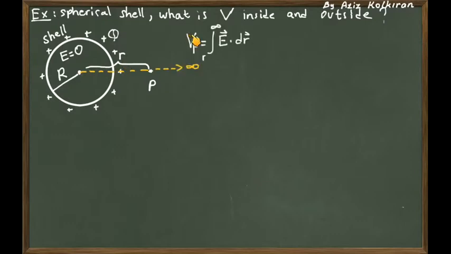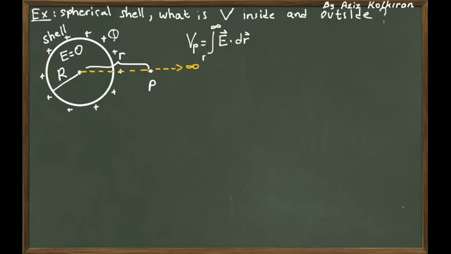The definition of the potential at this point P is given by this line integral, as we have discussed in the lectures. This is a line integral from the point P to infinity of the electric field created by this shell.